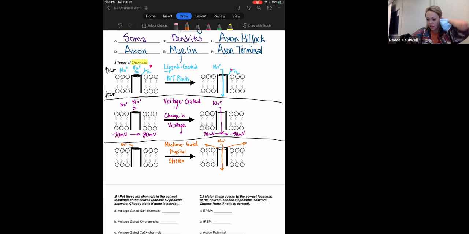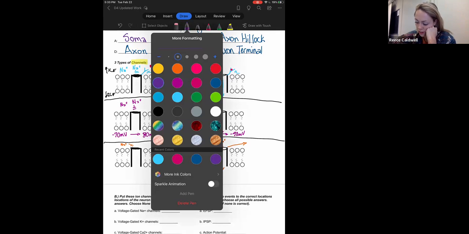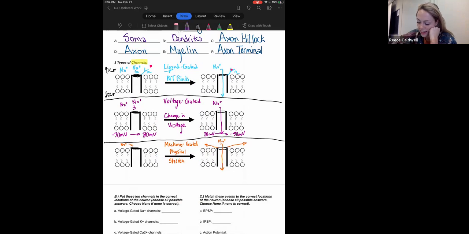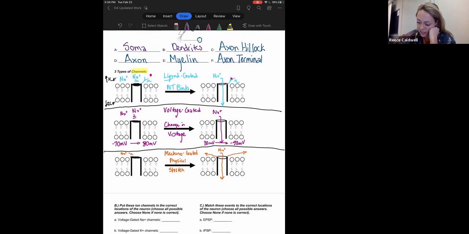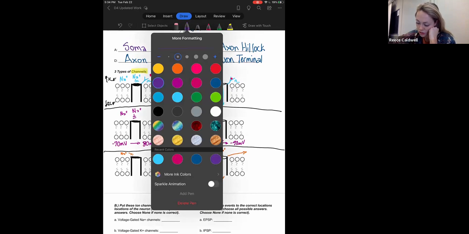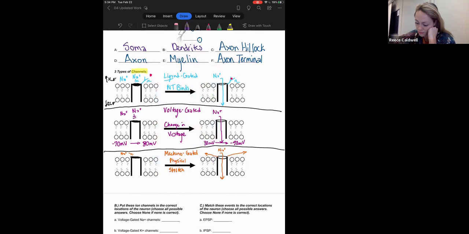All right, awesome. So I wanted to add one more note here before we move on. When looking at our ligand-gated channels, we see these are most commonly found at the dendrites and cell bodies.